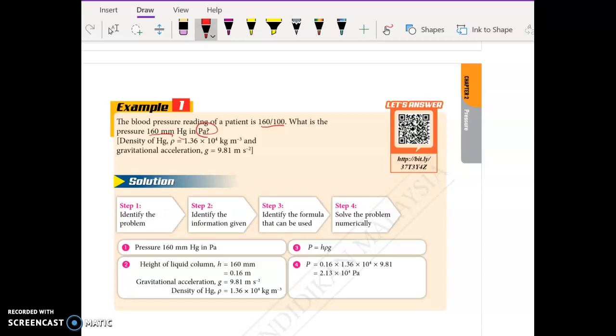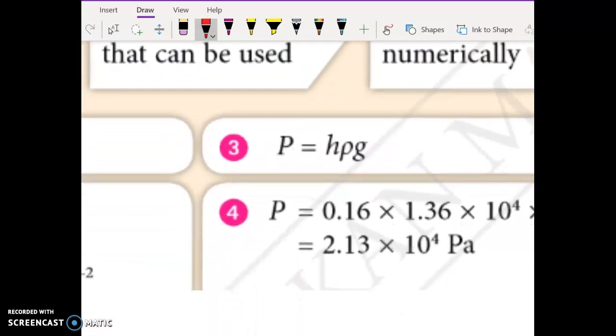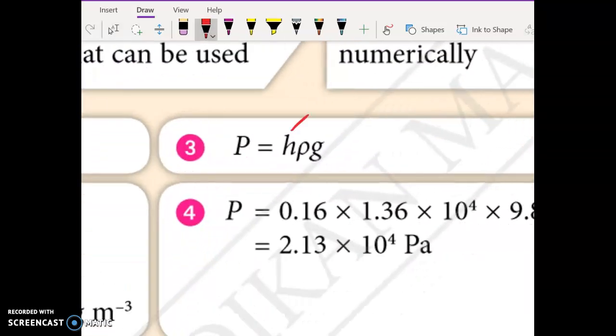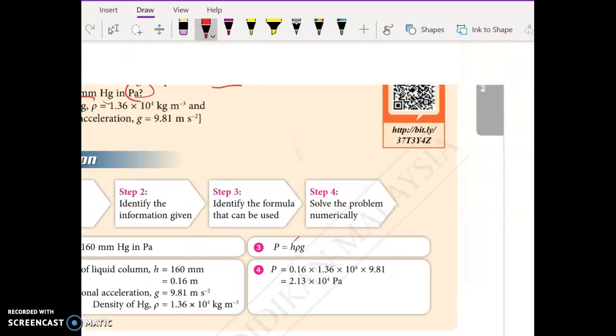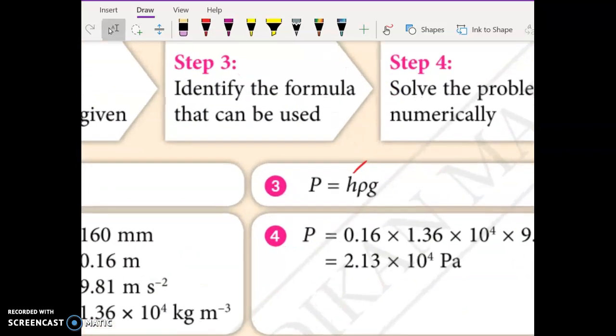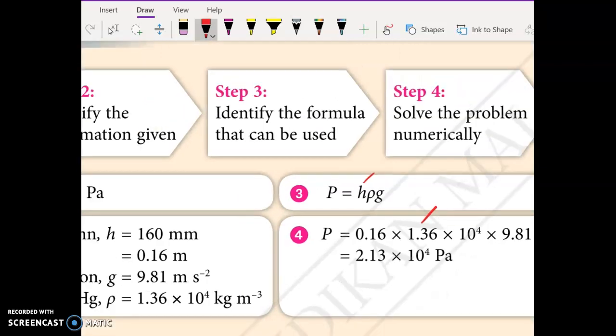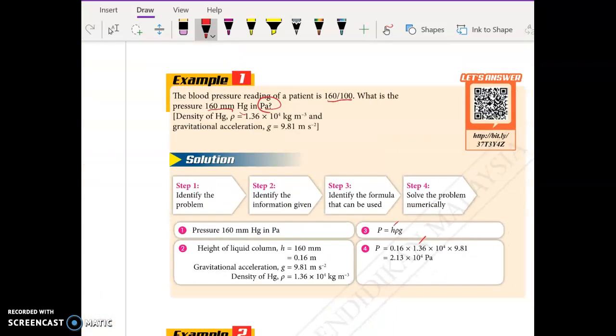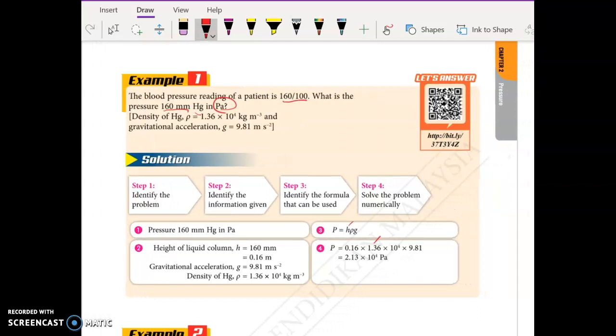Okay, so same like what I did previously, you can use P equals to rho gH, height of the liquid here, which is 160, and then rho, density of the mercury, and g, gravitational acceleration.